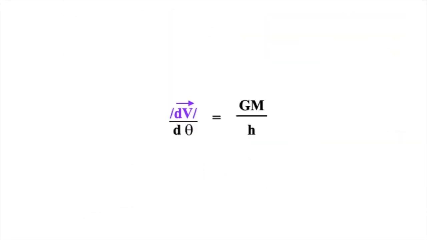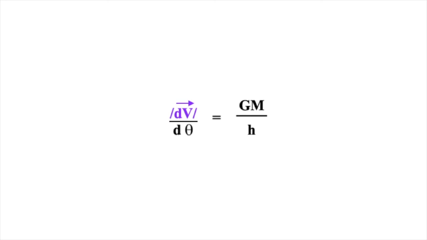This derivation is so important to our attempt to prove Kepler's first and third law that it's worth taking a moment just to look at it and consider its significance. What it says is this: for any given increment in the angle of azimuth as a planet orbits the sun, the change in velocity is equal to G times M over h. And all three factors on the right-hand side are constants.